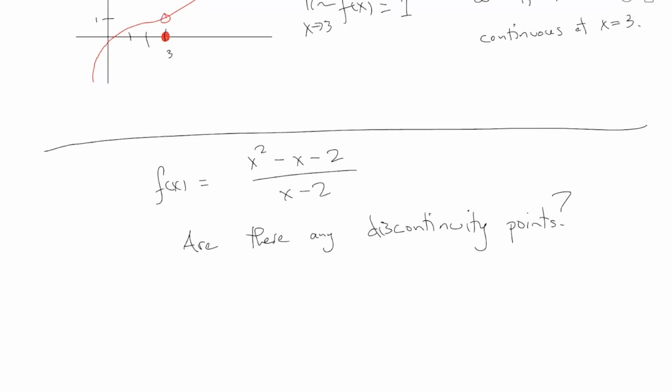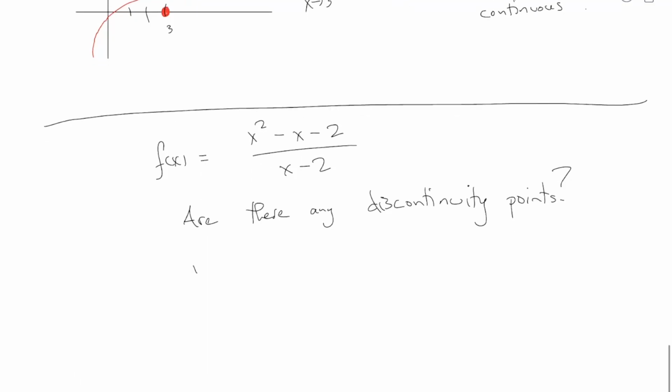So one way to answer this question is to draw the graph on your calculator and just look at it and see if the curve looks continuous or if it has breaks in it. But I don't want to get into doing that because I want to be able to do this without looking at the graph. The question that should concern you, or what you need to worry about, is we need to worry about 0 in the denominator.